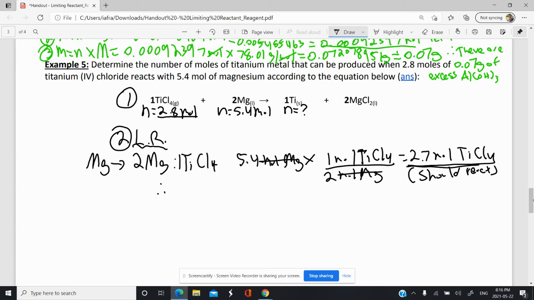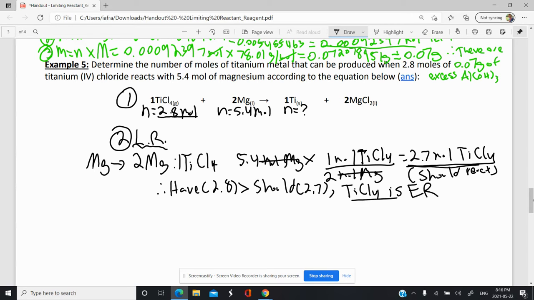So since what I have, 2.8, is more than what should react, 2.7, the titanium 4-chloride is the excess reagent, and magnesium is limiting, because if one of them is the excess, the other one has to be limiting. So we figured out that magnesium is our limiting reactant because of this.